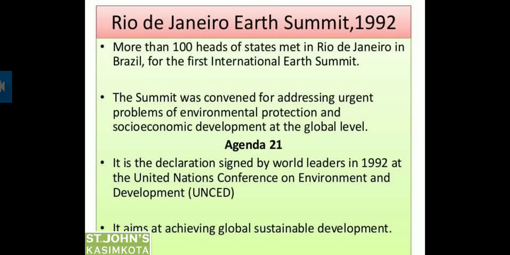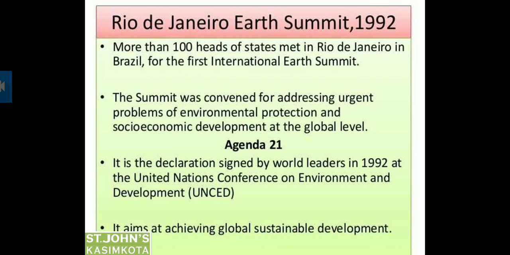So a summit was conducted in Rio de Janeiro in 1992. What happened over here? We are going to see now. In June 1992, more than 100 heads of states met in Rio de Janeiro in Brazil for the first International Earth Summit.